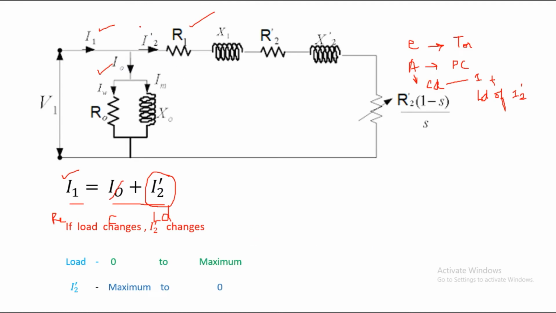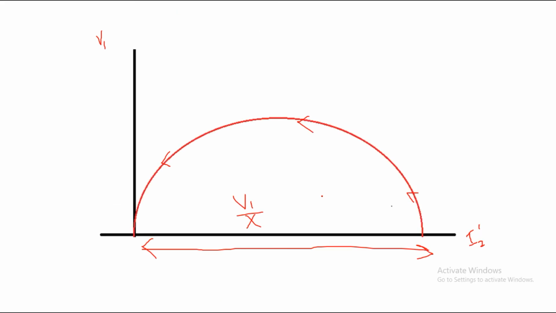in this series branch, we have two reactances, one for the stator and another for the rotor. So on the whole, X1 plus X2 dash, both in series, is going to be the value of total reactance. So here we include this value, X1 plus X2 dash, as the total reactance of the induction motor.